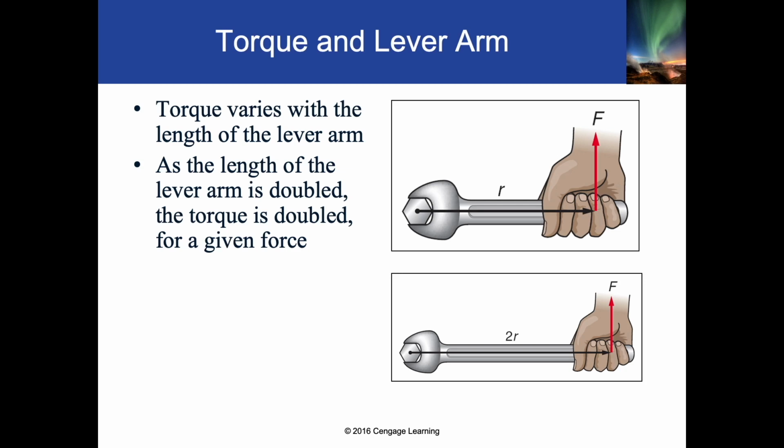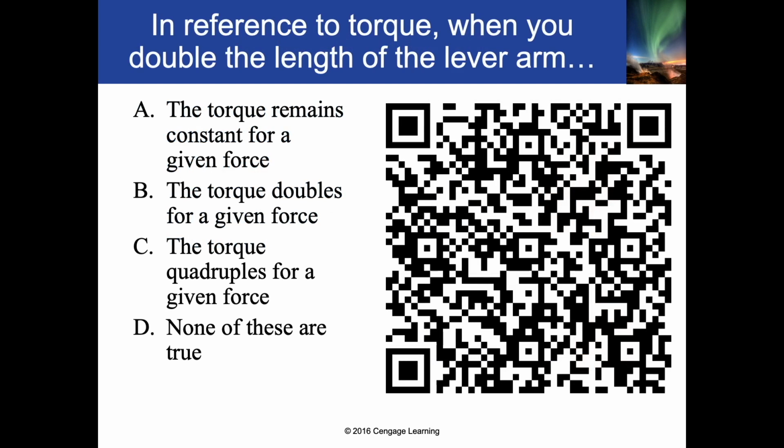Here you are changing your tires, and you had no idea that it's all Newtonian. It's crazy, isn't it? So that's what I want you to remember: as the length of the lever arm is doubled, the torque is doubled. So, next question. In reference to torque, when you double the length of the lever arm, which of these is true?